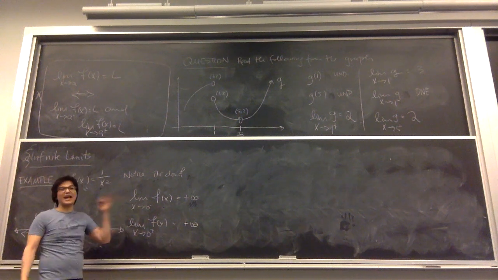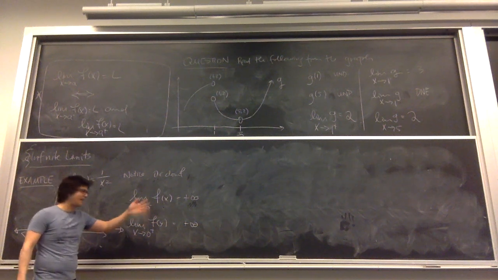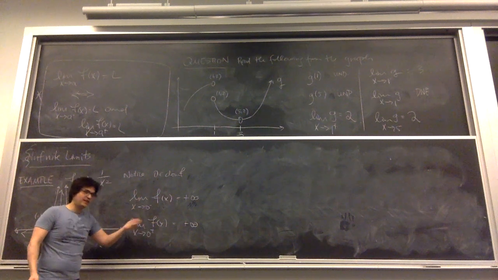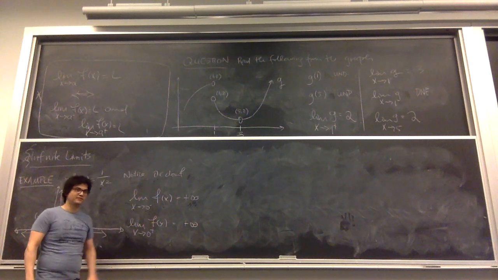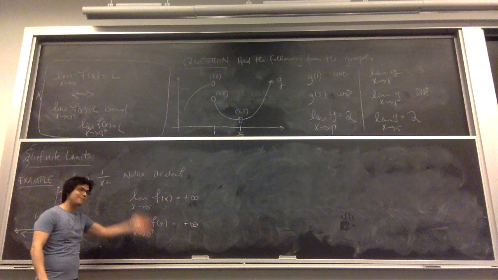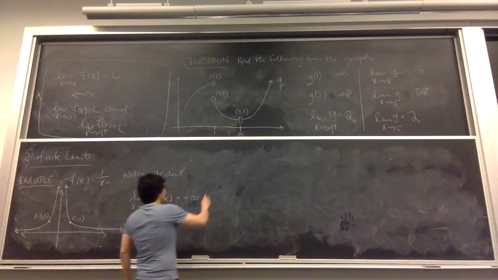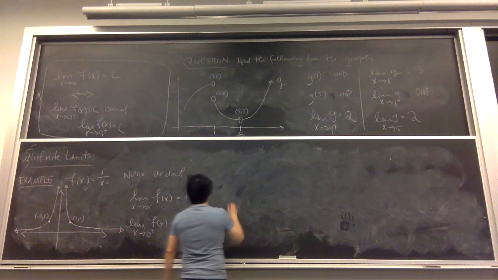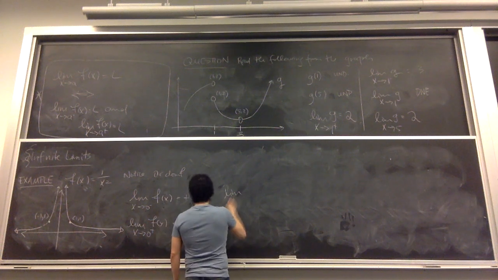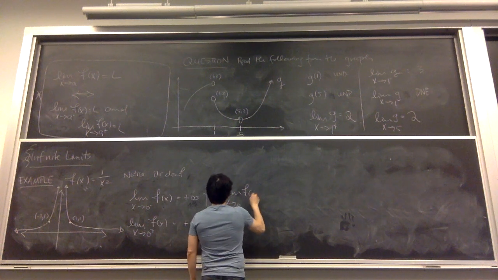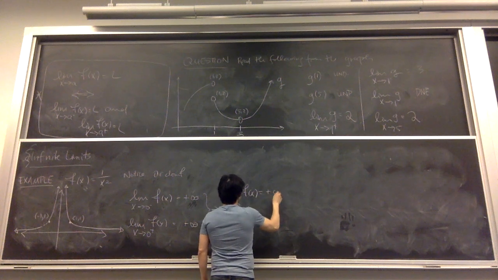It depends who you ask. Some mathematicians will say this doesn't exist because infinity doesn't exist, but I think that's confusing. I'm going to say these limits exist. I can write them. They're going to infinity. So this implies the limit as x goes to 0 of this function is positive infinity.